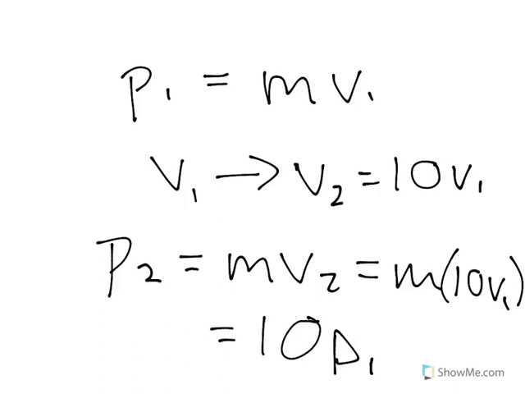Now, knowing that P1 is equal to mv1, we can see that P2 is equal to 10 times P1. This just demonstrates what I've been saying: if you have two things proportional to each other, and you multiply one thing by a certain factor, say 10 or 20, then the other must also increase by the same factor.